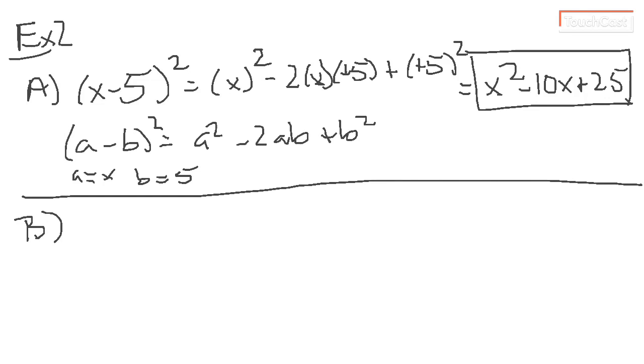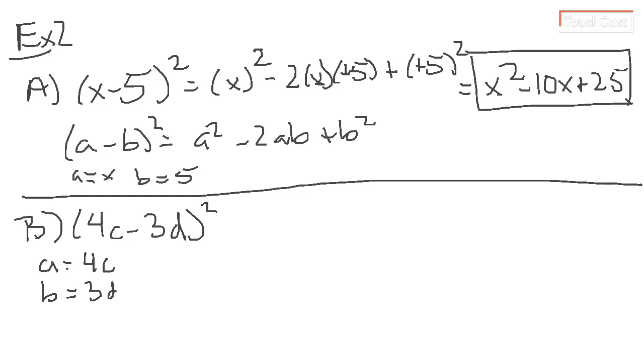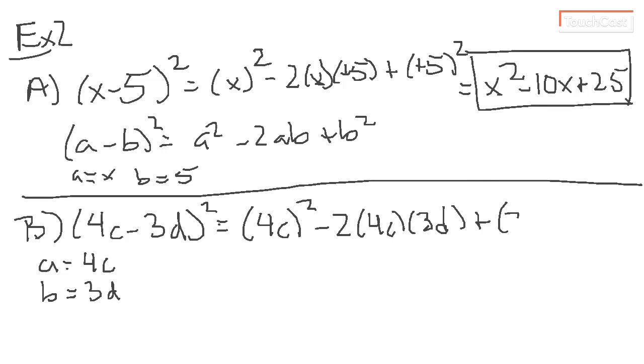Let's look at 4c minus 3d, and we're going to square that. So in this case, our a is 4c, our b is 3d. So we can write that as 4c squared minus 2 times 4c times 3d plus 3d squared.